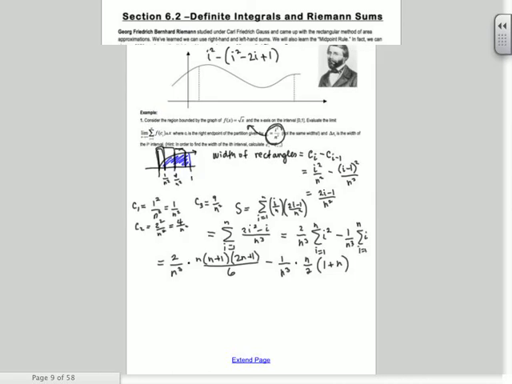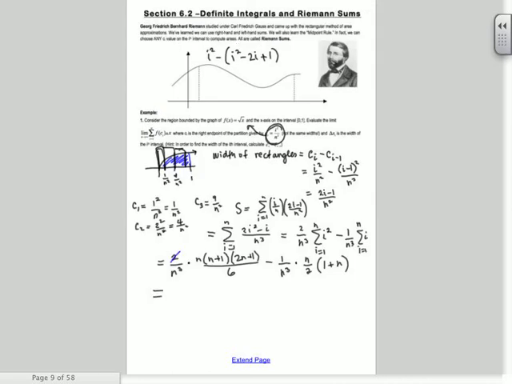Okay, simplify down. n and n cubed cancel. I'm going to FOIL out the top, so I'm going to have 2n squared plus 3n plus 1 all over 3n squared, minus n cubed and n reduced down to n squared, so I have 1 plus n on top in parentheses all over 2n squared.